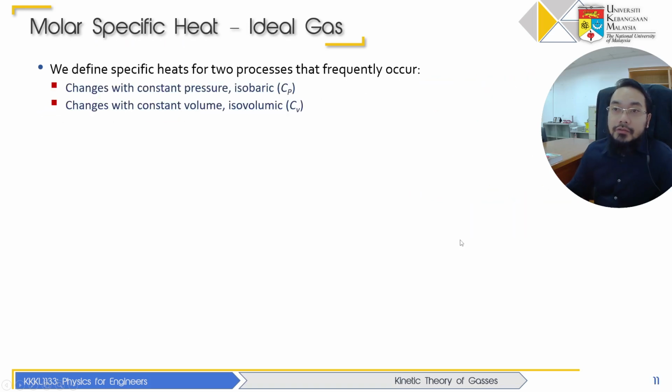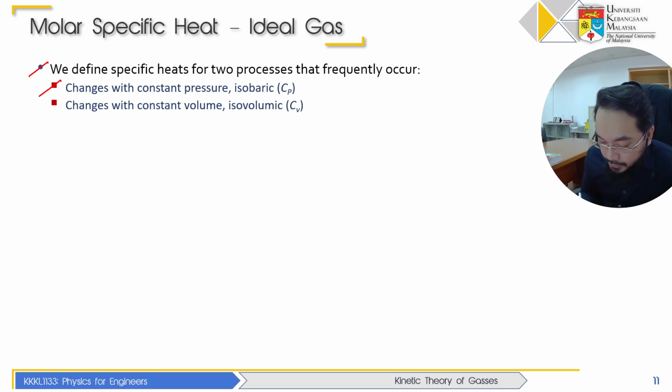All right, so now before we go any further with that, we have to look at two special kinds of processes for an ideal gas: constant pressure process and constant volume process. We define specific heats for two processes that frequently occur.